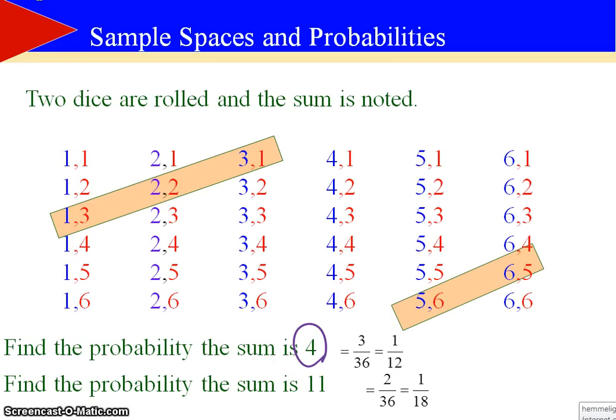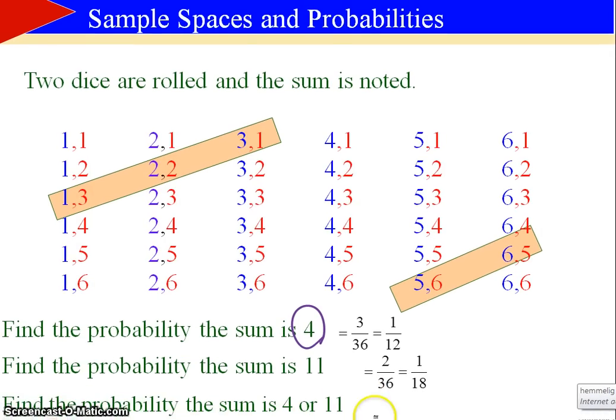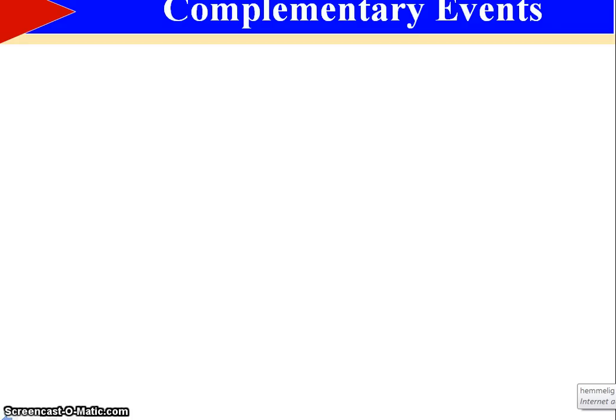And lastly, we are going to find the probability that the sum is 4 or 11. So for the probability that the sum is 4 or 11, we look at the number in the sample space.